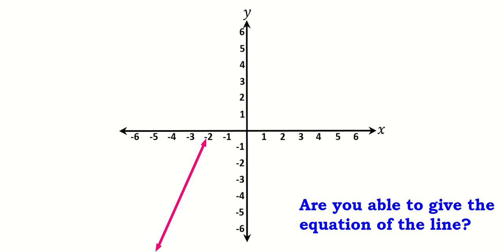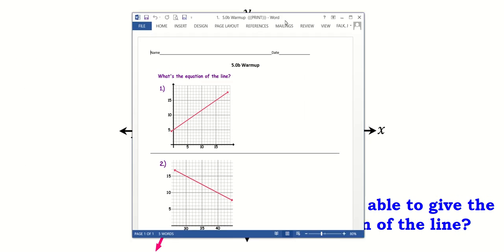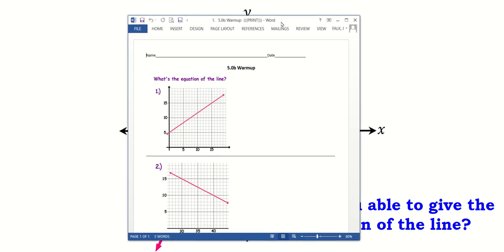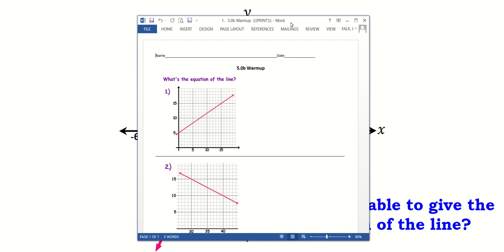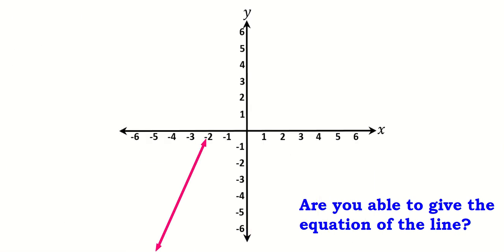Speaking of the handouts, this video is actually going to include the warm-up first, then the official 5.0b notes handout, and then another handout called just 5.0b scatter plot examples. So here's what the warm-up handout looks like. Hopefully you have that one on hand.